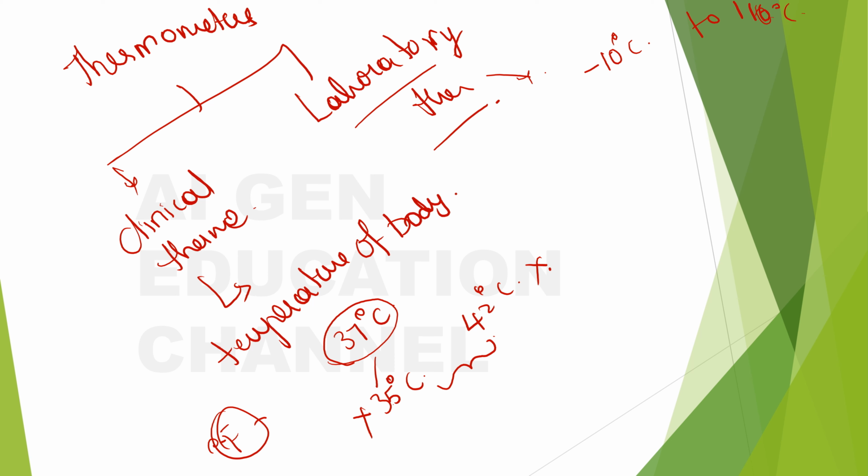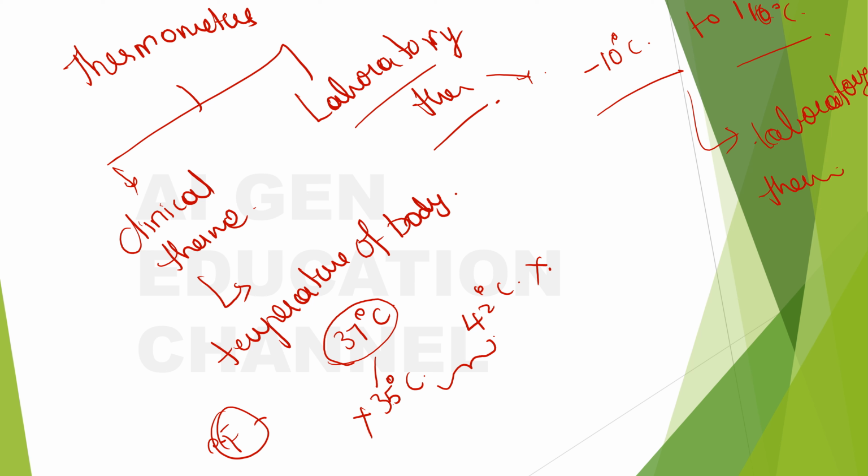So we have to measure many different types of temperatures, and you just can't confine the range to a limited one like in the clinical thermometer. That is the very reason it needs a larger range, and because of this the category is different, right? So the category of laboratory thermometers is different from that of the clinical thermometers, right?